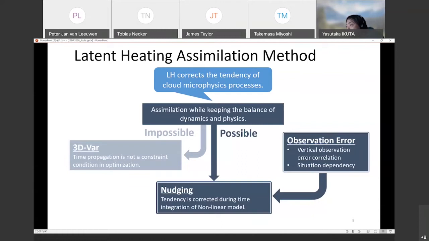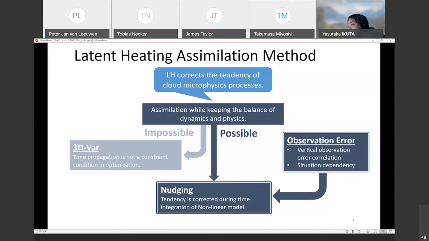However, the assimilation must keep the balance between the dynamics and physics. The standard 3D-Var does not keep the balance because it does not include the time integration in the constraint condition in the optimization. On the other hand, the nudging method can modify the tendency during the time integration of the nonlinear model. So we chose the nudging method.